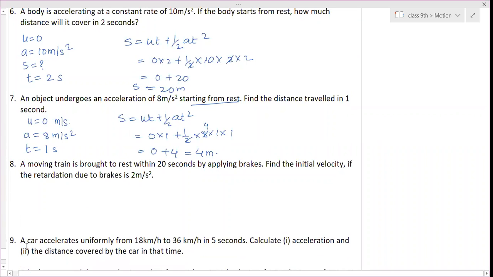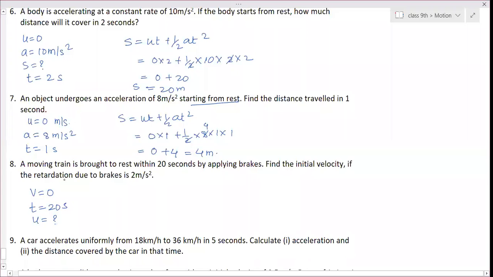Ma'am, I'm not able to solve the 8th question. What happened? What are the things given? It is brought to rest, that means v is 0. It is brought to rest after 20 seconds. That means it was moving with some other value and came back to 0. So that means v value is 0, time is equal to 20 seconds. You have to calculate initial velocity.